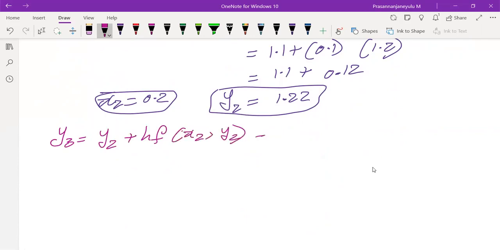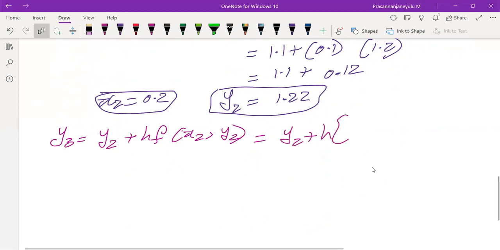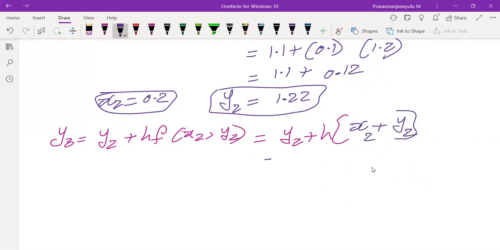Now y2 plus h into, how are we going to write f of x comma y? What is f of x comma y? X plus y. But in place of x and y, what we have to substitute for finding y3? X2 and y2. So substituting the values of x2 and y2. Y2 value is 1.22 plus h is 0.1 into x2 is 0.2 plus y2 is 1.22.